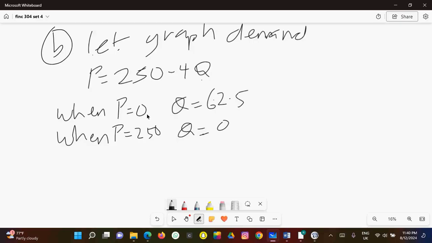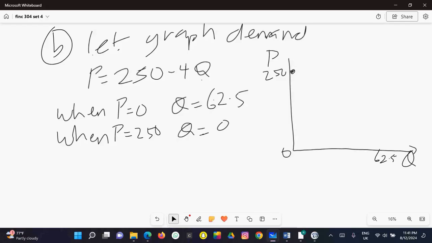So now let's plot our graph, with quantity here and price here. The quantity is 62.5, and then price is 250.